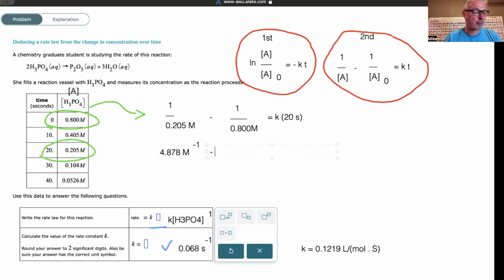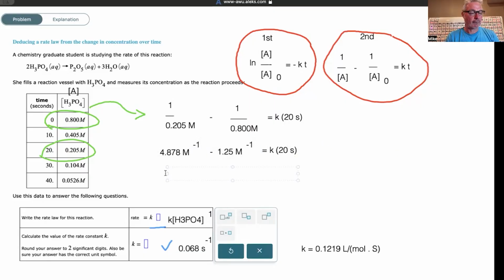minus, well, we did it last time, it was 1.25 inverse molarity units equals K times 20 seconds. Cool.